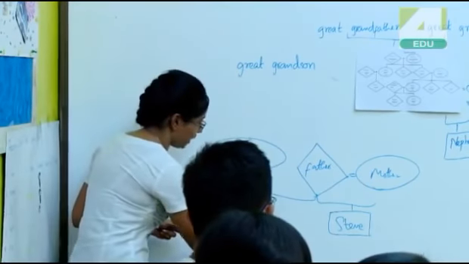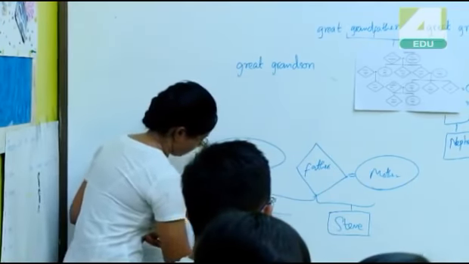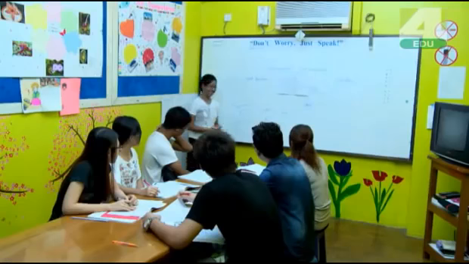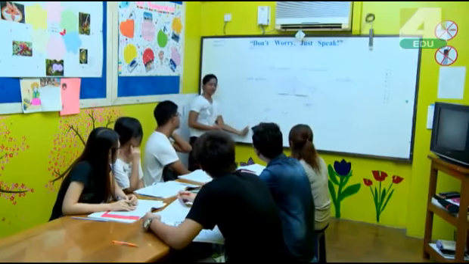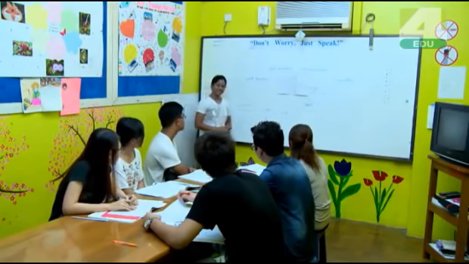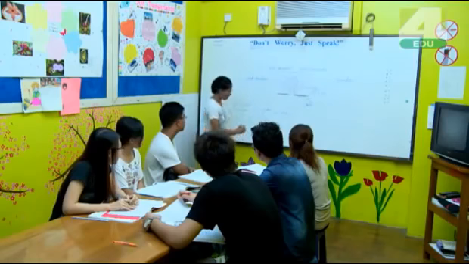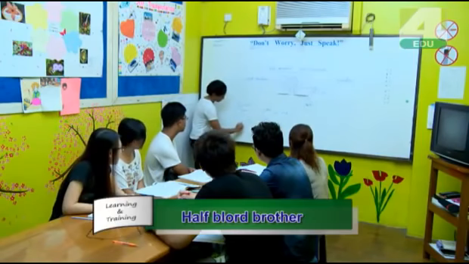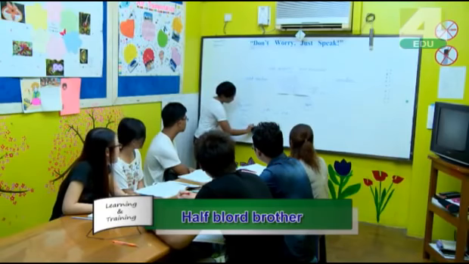So after getting married, they got one son. How is it called? After they get married, they get one son. So that is Steve's half blood brother.